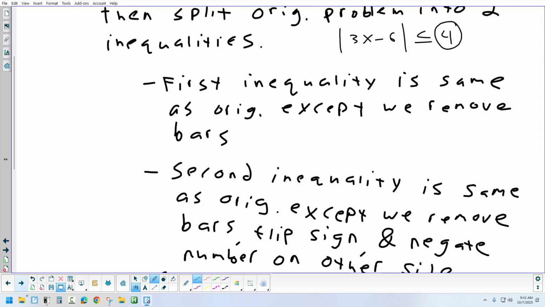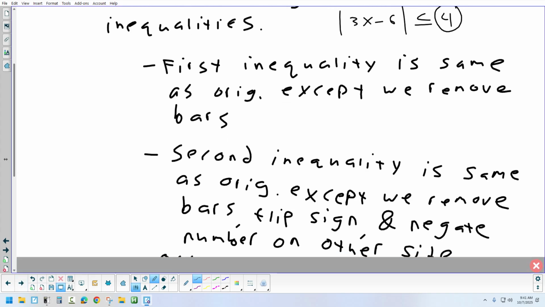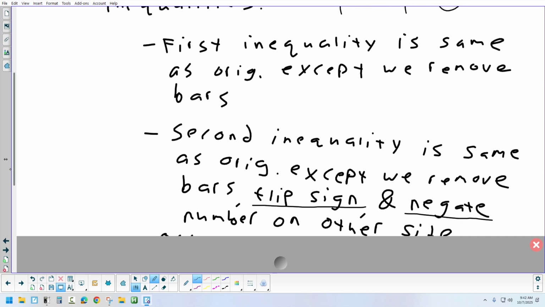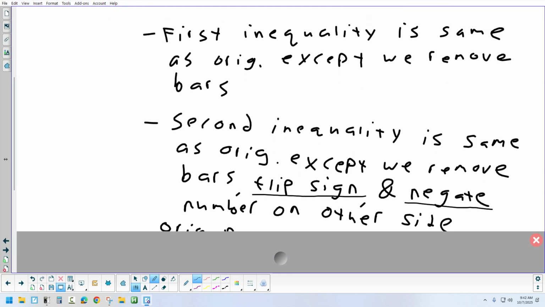So for the second inequality, you copy down the original without the bars. You're still making the number on the other side the opposite, but that's the new part. We have to flip the sign. So that gives us our two inequalities that we're going to solve.